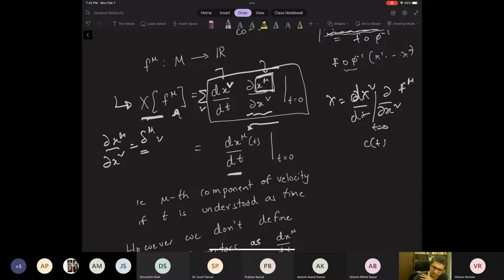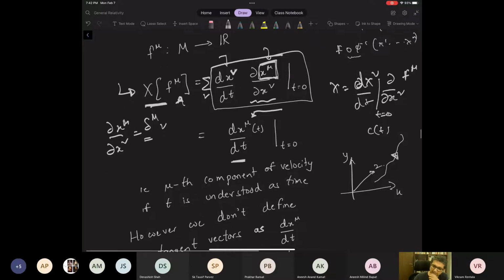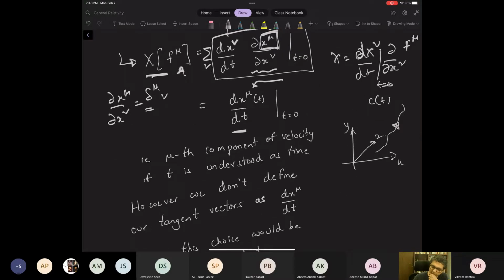If you think of t as time, it's like picking out the muth component of the velocity vector. So a simple way to think about this is, imagine that your manifold is really isomorphic to, let's say, R n or R cubed. So this is like your x, y, z. And this is your curve going through this space. What we did was to say that our function f mu, let's say f1, returns the x coordinate of your trajectory.